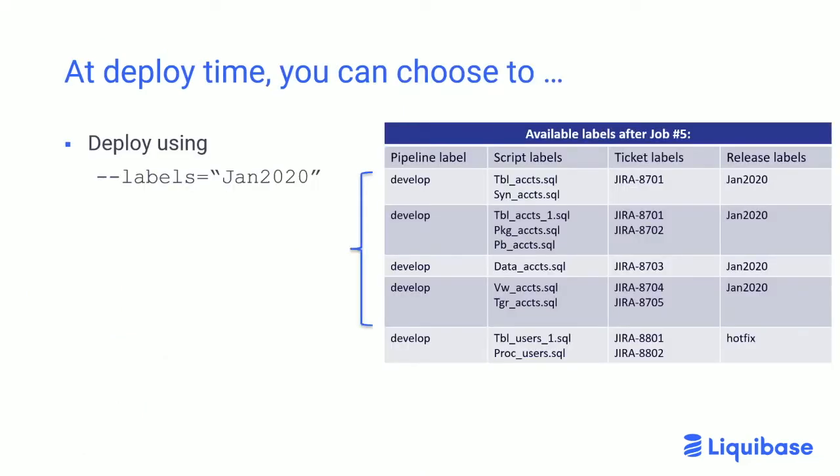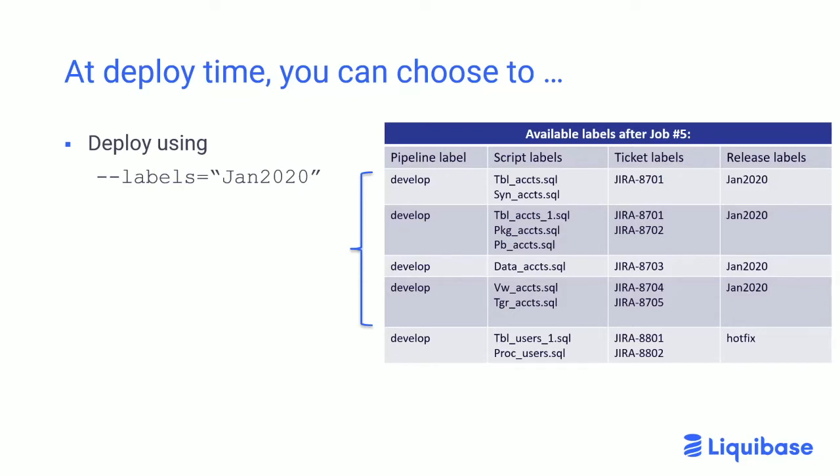Labels, like any tagging system, are an extremely powerful way of grouping changes. So if we look at a larger example, we would see that here are groups of changes that have been applied, groups of SQL files that have been applied into our change log. And we've labeled them with different things.